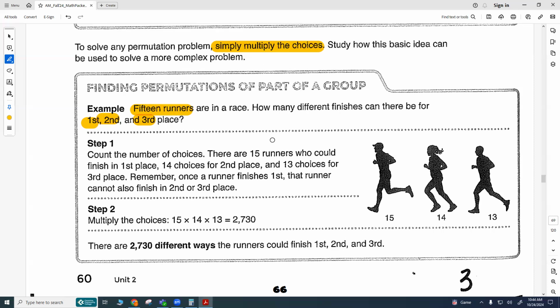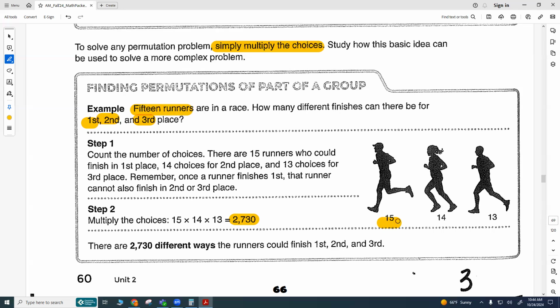We first could write them out if it was something like 24 combinations, but now when we're dealing with 15 different things to move around, we're going to end up with a lot of possibilities, okay? So we count the number of choices, so we know that in first place, any one of the 15 runners could get first place. So there's going to be 15 possibilities in that first place slot.